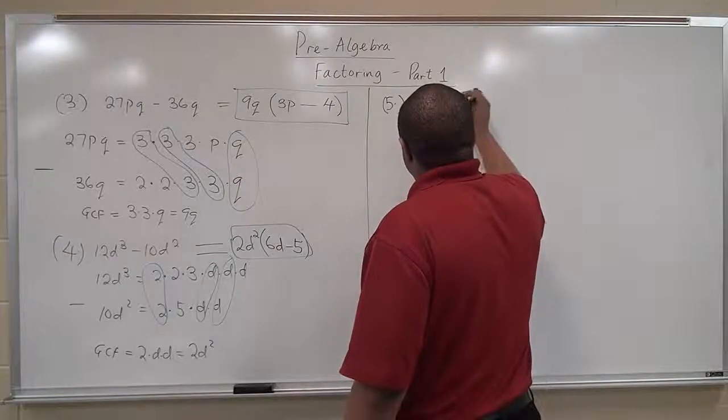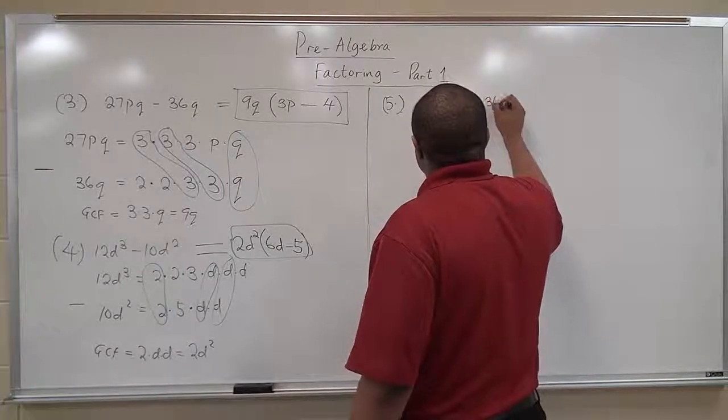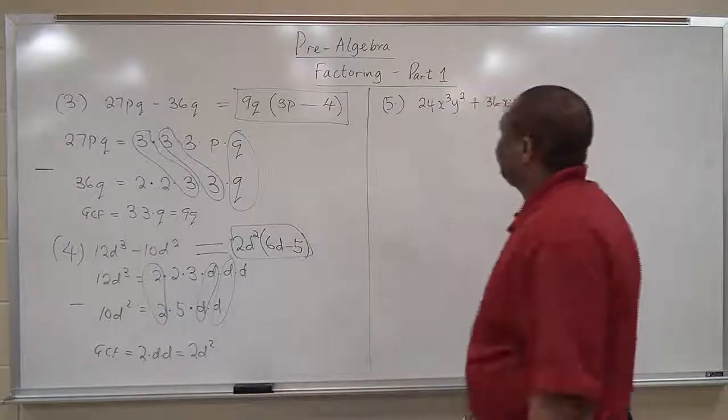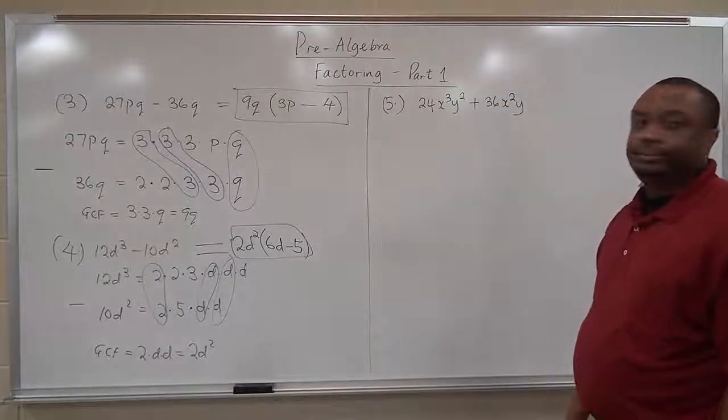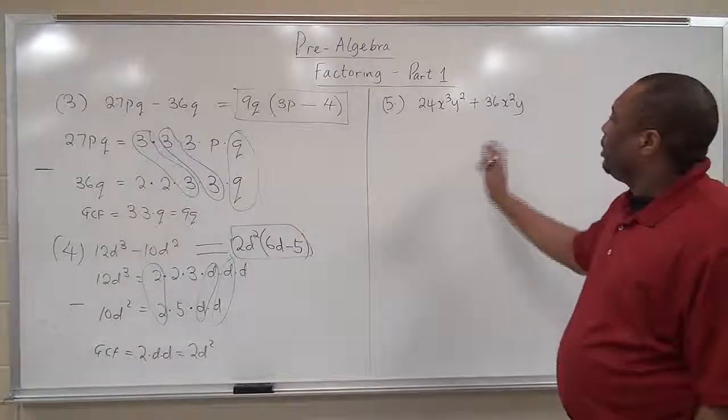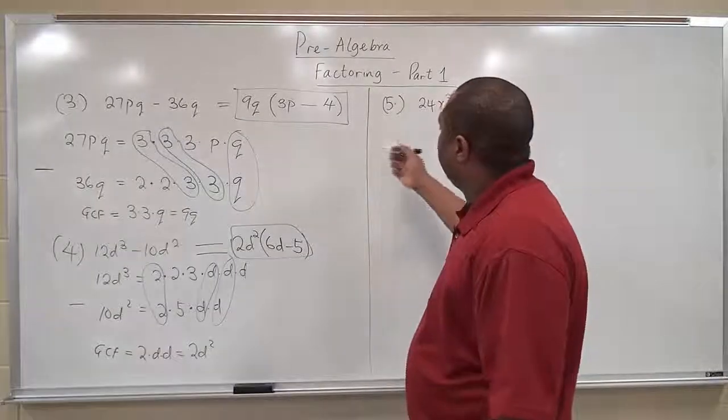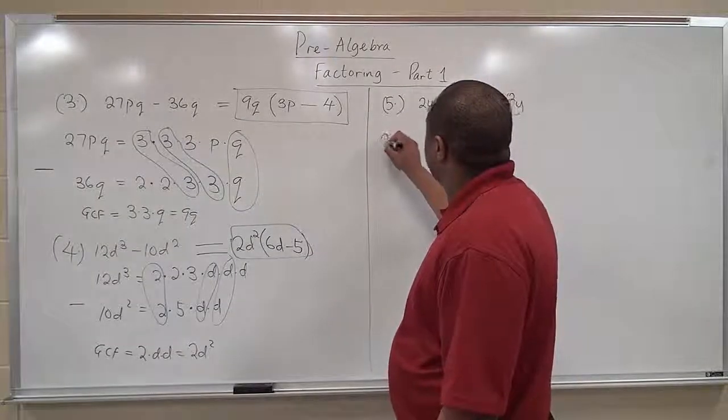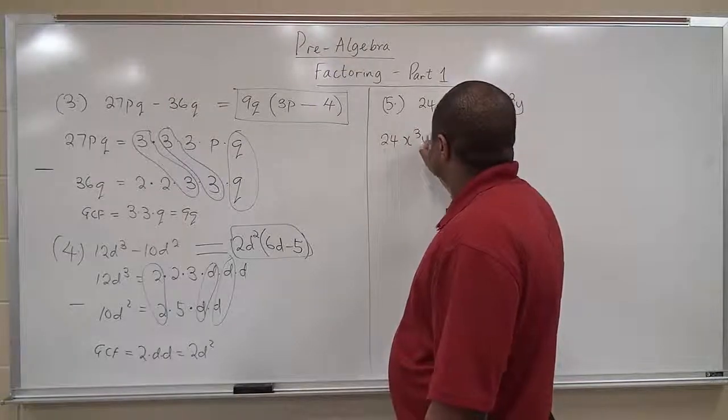24x cubed y squared plus 36x squared y. Okay? So what's the GCF or GCD of 24x cubed y squared?